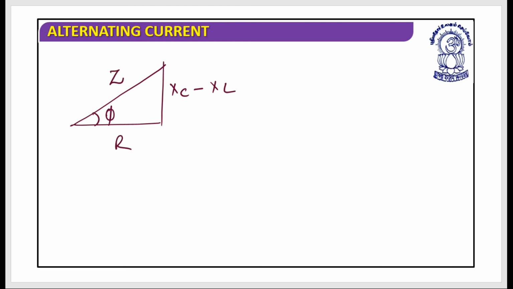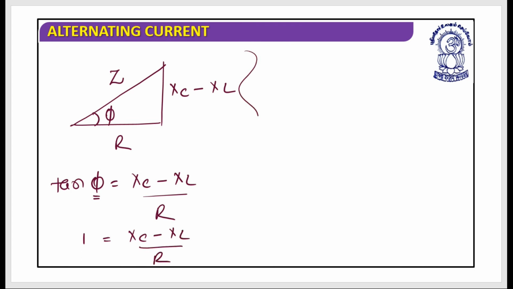This is R. This is Z. If I write tan phi, that would be equal to (XC minus XL) divided by R. This phase difference is 45 degree. So tan 45, which is equal to 1, is equal to (XC minus XL) divided by R. And from this, XC minus XL should be equal to R.